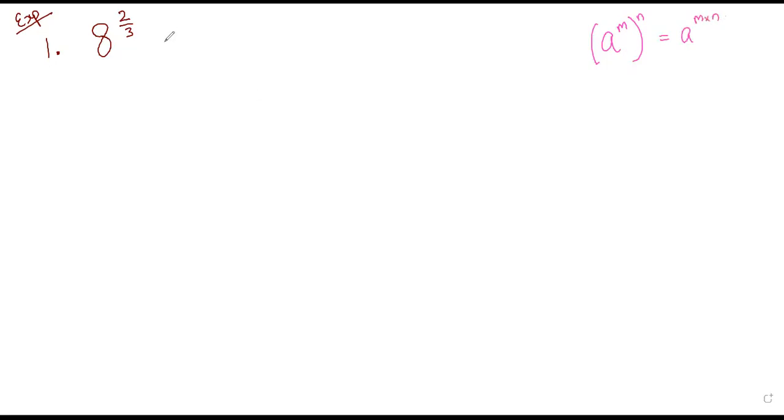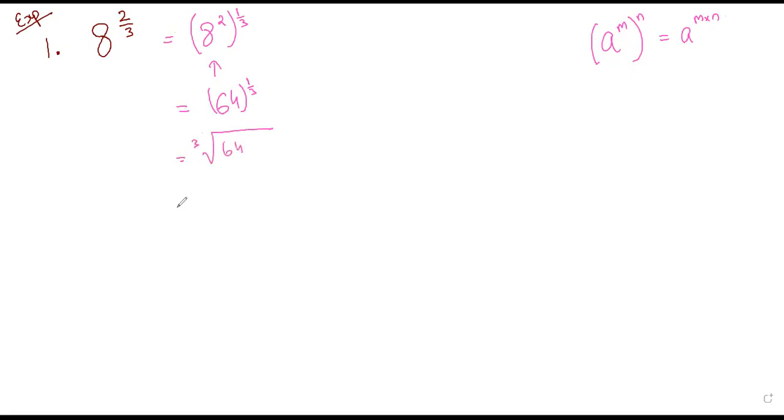So I can write it as 8 to the power 2 into 1 by 3. Now I can find 8 square. 8 square is basically 64, and 64 power 1 by 3 basically means cube root of 64.